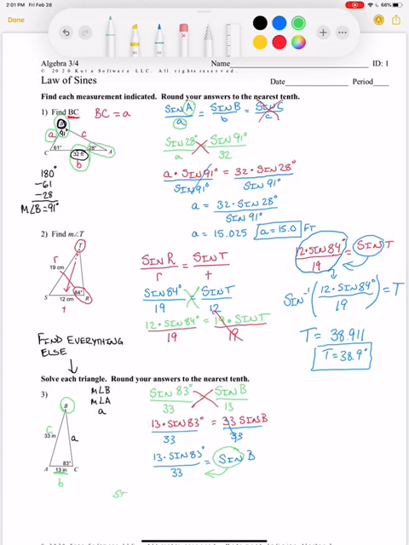So the inverse sine of 13 times the sine of 83 degrees divided by 33 equals angle B. I'm going to pop this in the calculator, and we find that the measure of angle B is equal to 23.0 degrees.